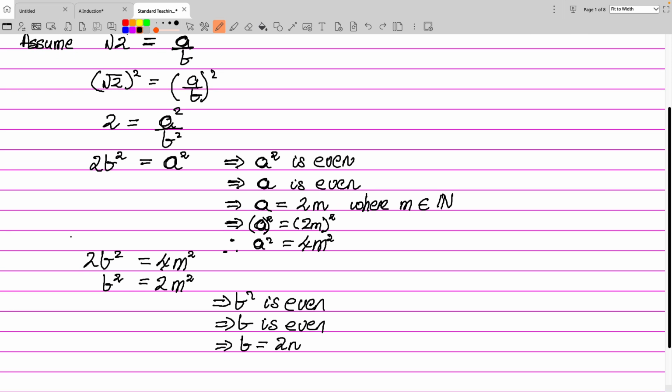Is that right? So root 2 is now equal to 2m over 2n. What's the problem? There's a common factor in it. But what did we do on line 1? Did we not already eliminate the common factor?